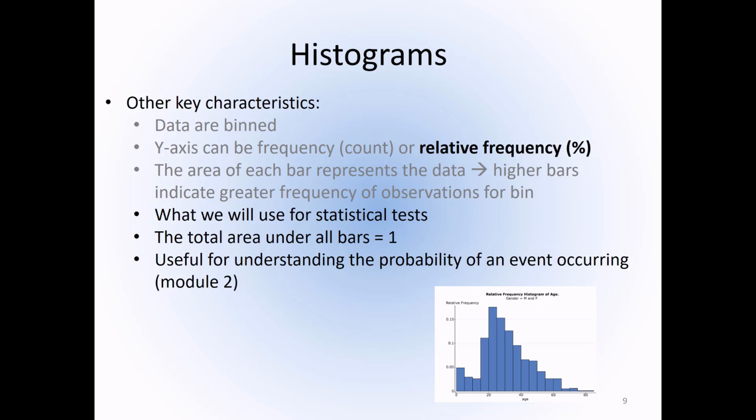So this will be 100%. And so this is very useful when we're thinking about probabilities, which is the basis of our statistical tests, as we will discuss moving forward in this particular course. But you should be comfortable plotting a histogram, both with relative frequencies as well as count data.